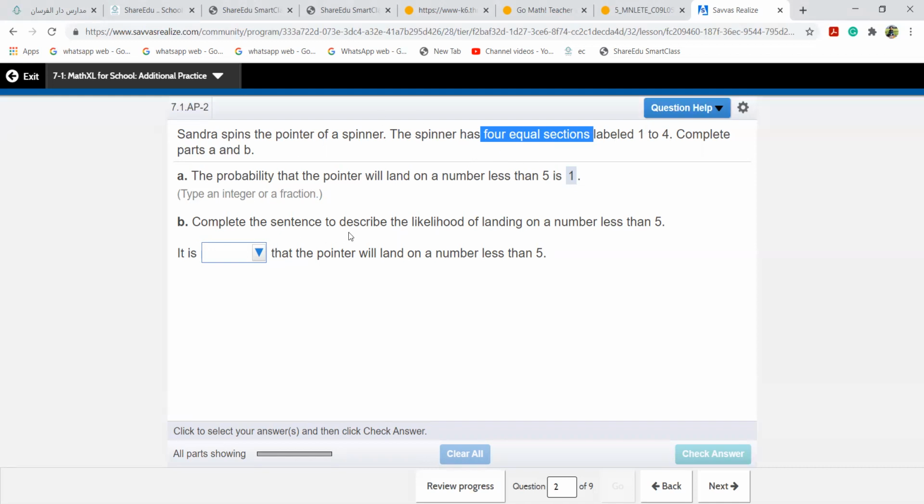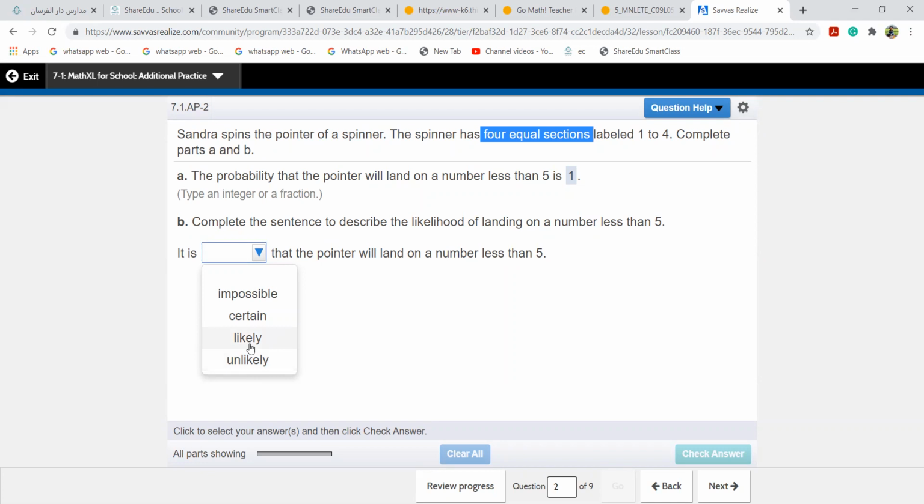Read the sentence. If it is 4 out of 4, is it likely or unlikely? Like 4 out of 4, is it a good mark or a bad mark? Good mark. So if it is a good mark, remember you will put likely.